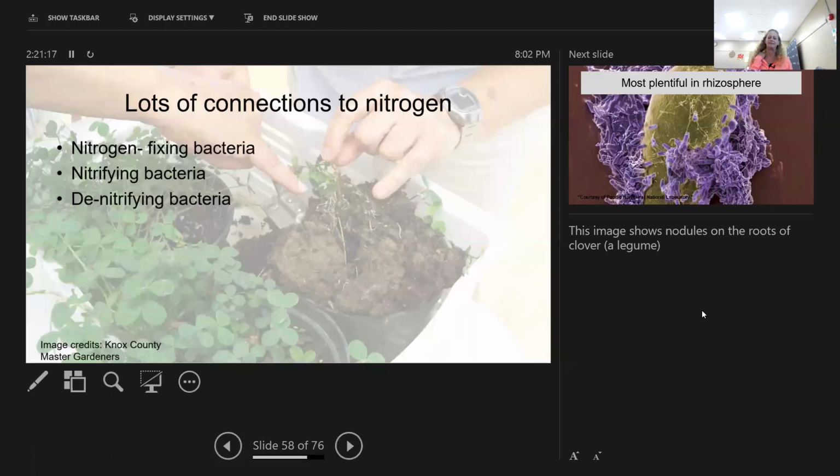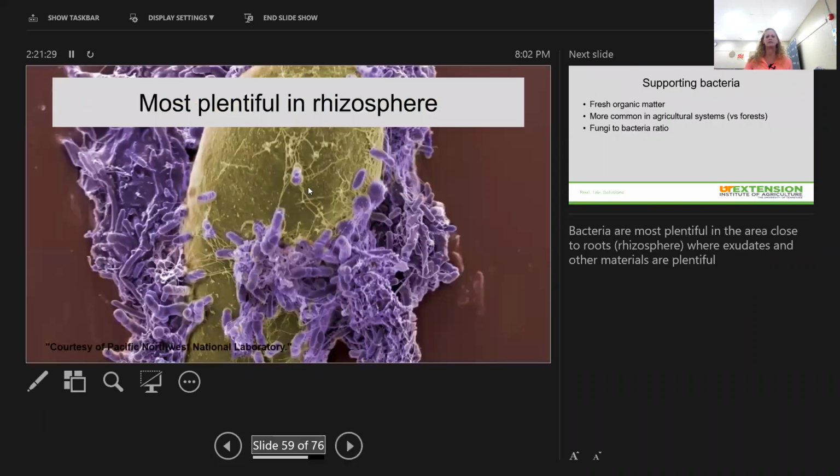We have the cover crops, your legumes that release nitrogen naturally, or you can add it yourself through the synthetic chemicals. The bacteria is most plentiful in the area close to the roots, the rhizosphere, where it exudes and makes exudates and other materials that are plentiful.